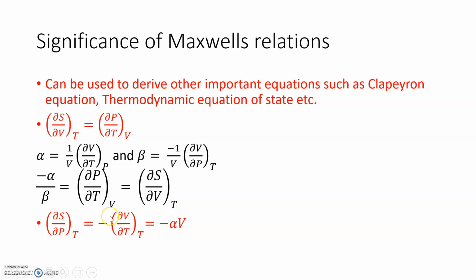Another useful relation is dou S by dou P at constant temperature, the change in entropy of a system with respect to pressure at constant temperature, and that is equal to minus dou V by dou T at constant pressure. From this definition, that is equal to minus alpha into V. Thus, by knowing alpha, the coefficient of thermal expansion, and multiplying it with the volume of the system, we can determine the change in entropy with respect to pressure at constant temperature.